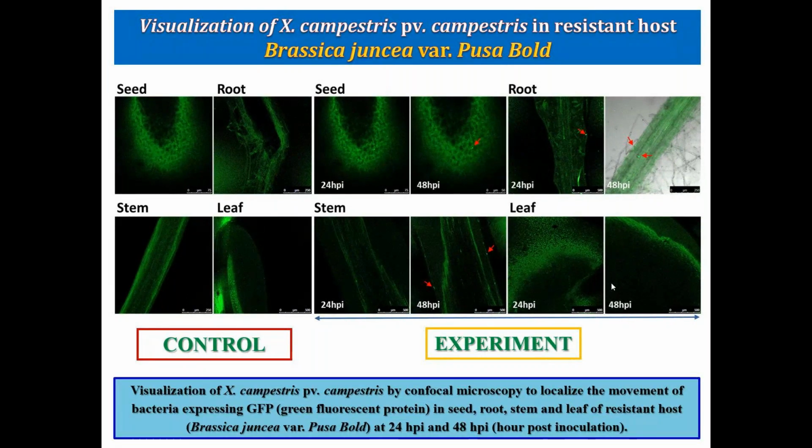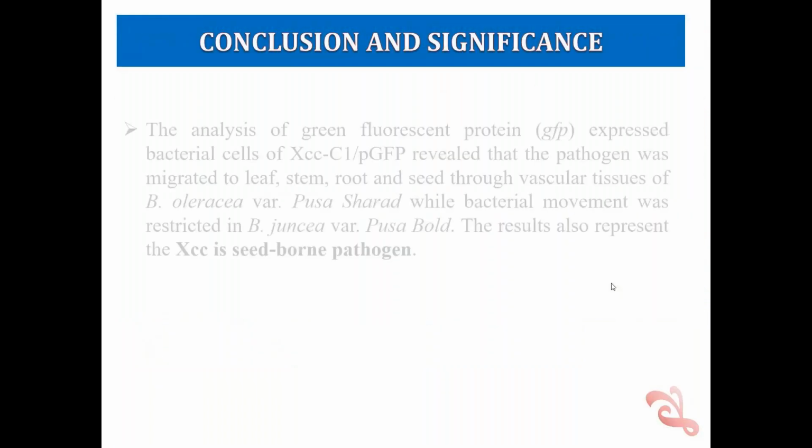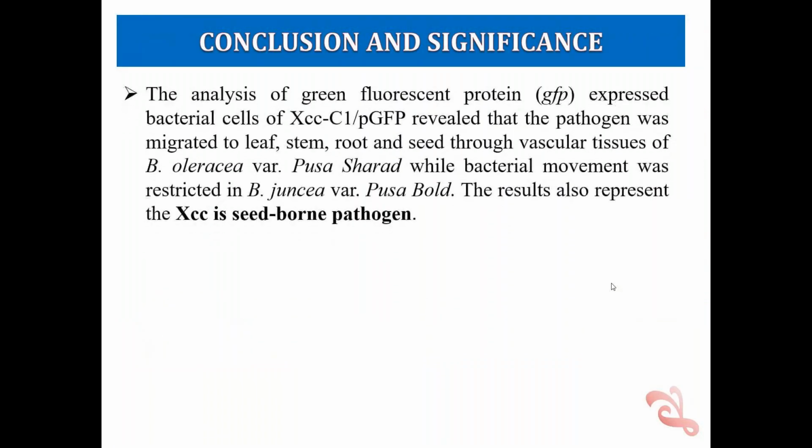This study reveals, by analysis of GFP expressing bacterial cells, that the pathogen migrated to leaf, stem, root and seed through vascular tissue in the susceptible host, while in the resistant host the movement of the bacteria was restricted.